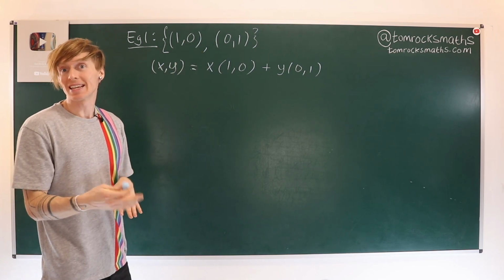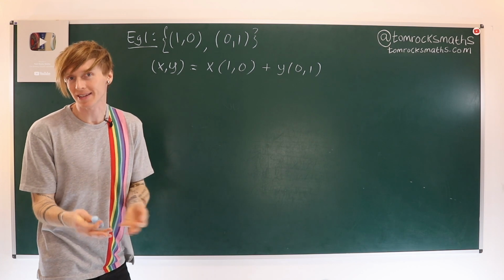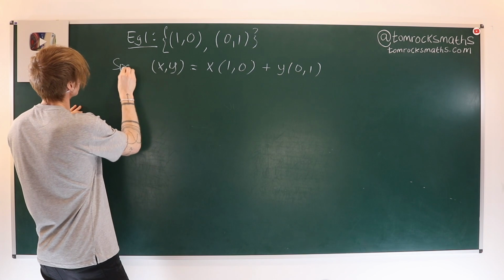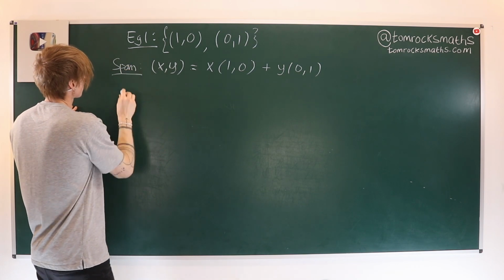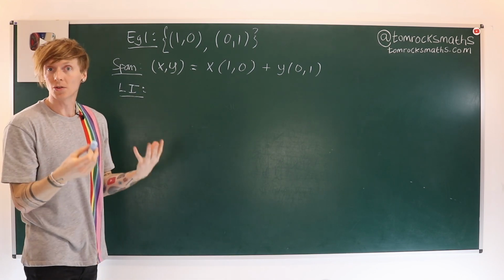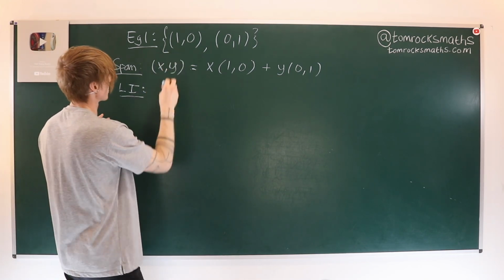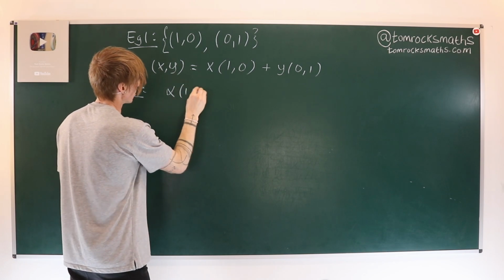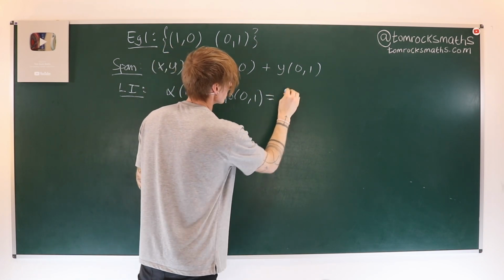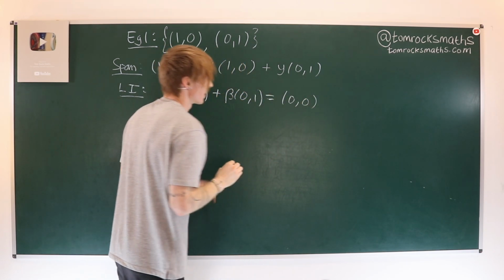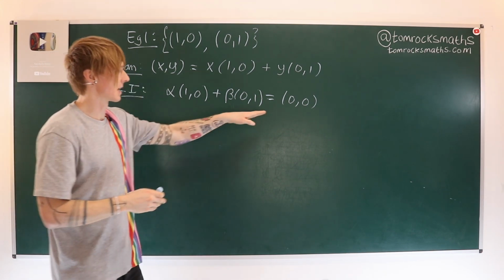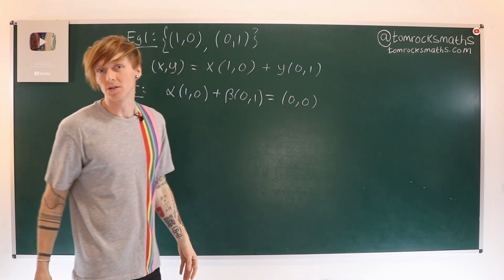Now, to see that this is also linearly independent, and therefore a basis as I claimed, so this gives us spanning. For linear independence, our definition told us to consider alpha times the first one plus beta times the second one equal to 0. Since we're working in two coordinates, 0 is of course the origin, (0, 0).